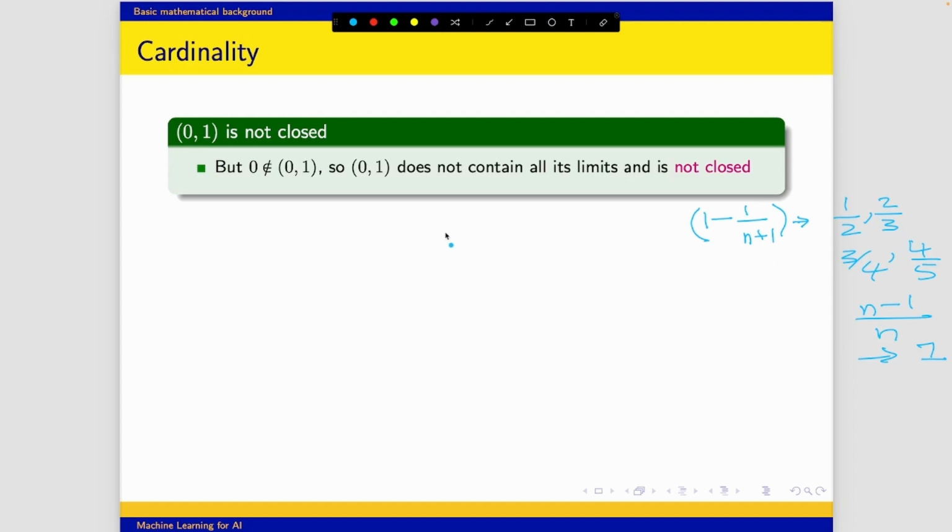So we have a sequence which has all terms lying inside our set, and which is approaching some limit, but that limit does not lie inside our set. So it doesn't contain its limit point. We only need to find one sequence for this to be true to know that our set is not closed. And we found two. We found one that is approaching 0, and we found another sequence that approaches 1.